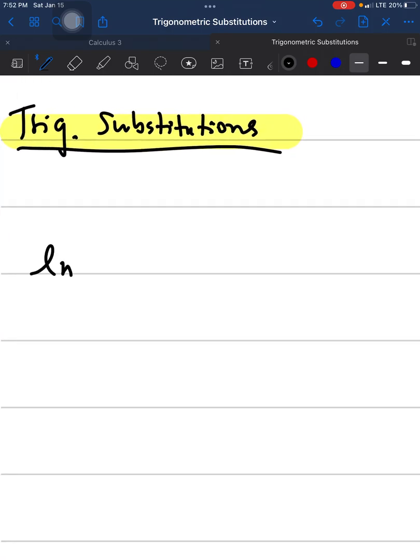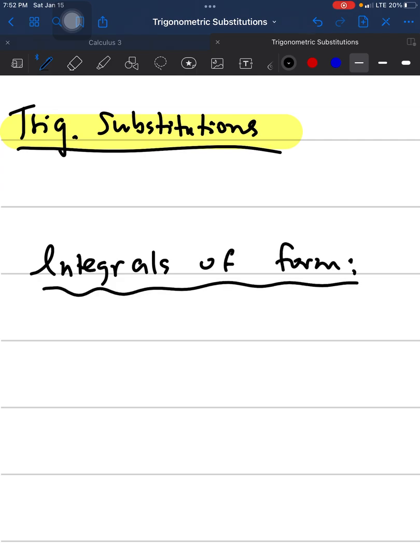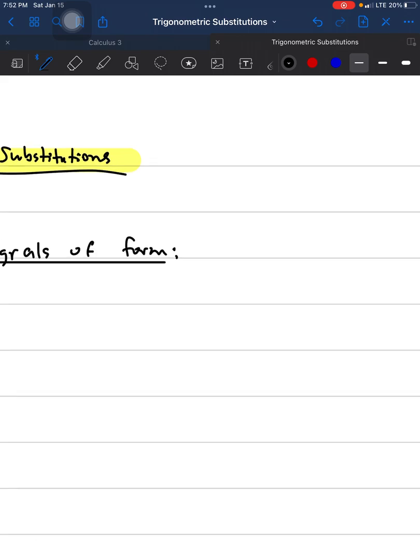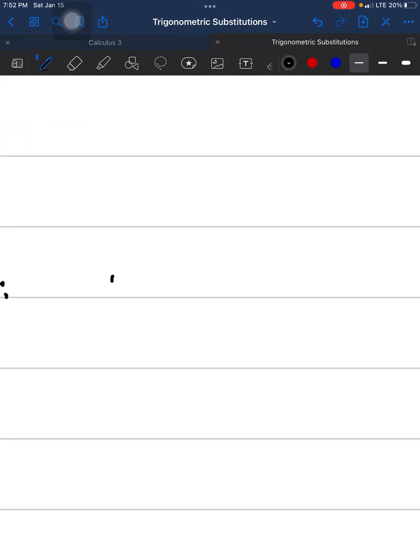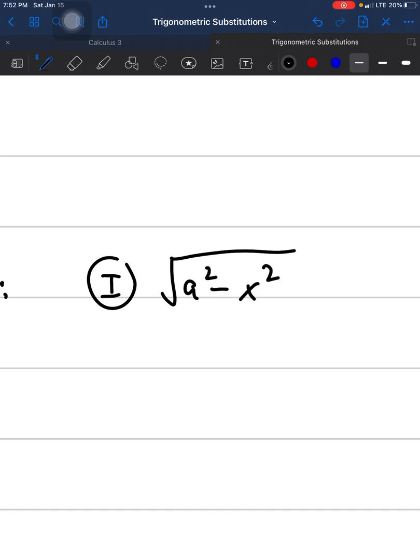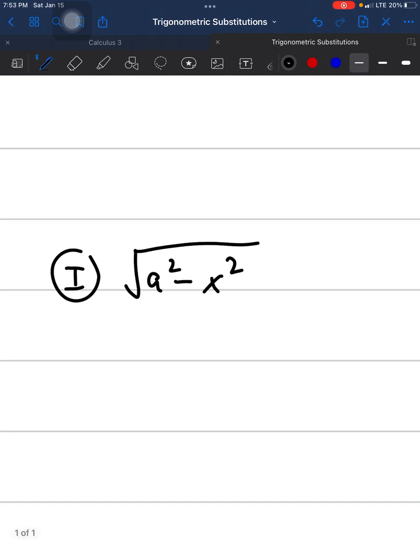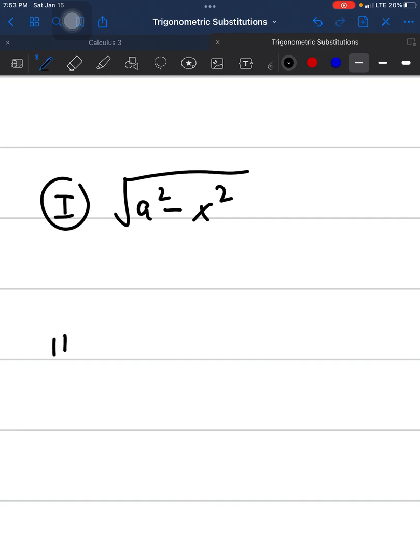So trig substitutions usually work for integrals of the form, let's put it as 3 cases. The first case is a squared minus x squared.